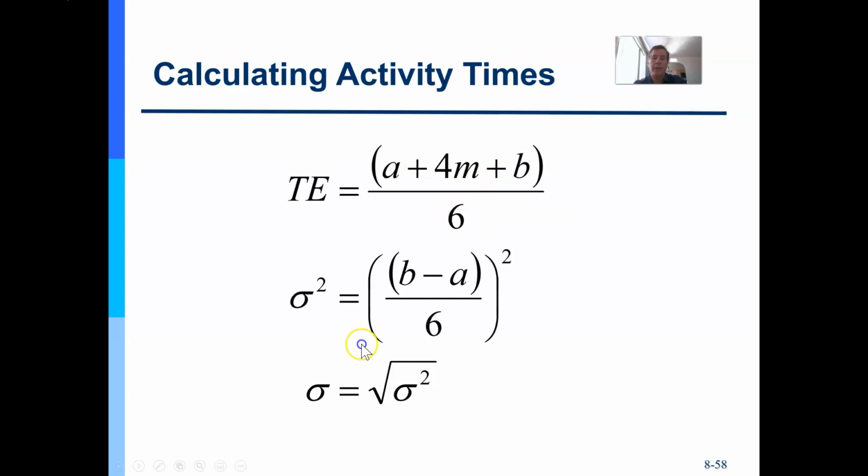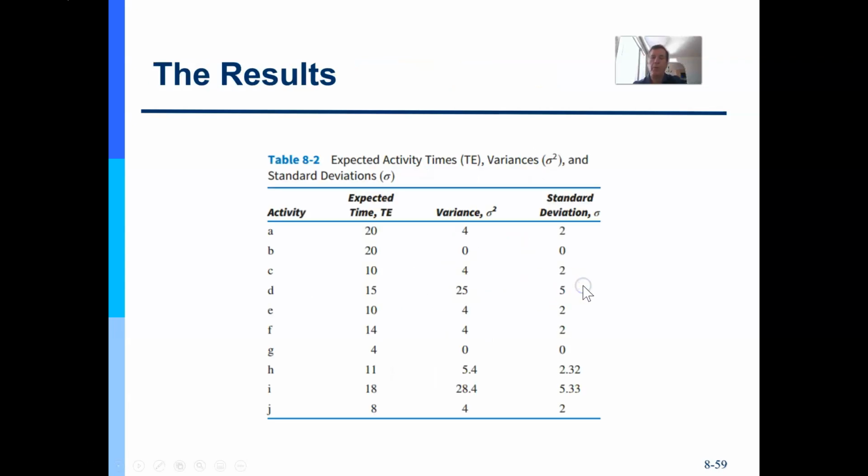That's all I'm doing. And then if I want to get the standard deviation, this was all in the reading, the variance is equal to my standard deviation squared. Or it's also equal to the pessimistic minus the optimistic divided by 6 and squaring that along the way. So that's PERT. There's more in the book on that.